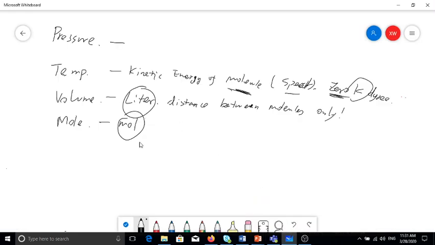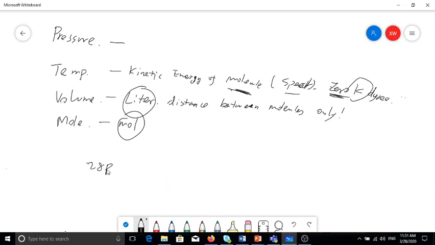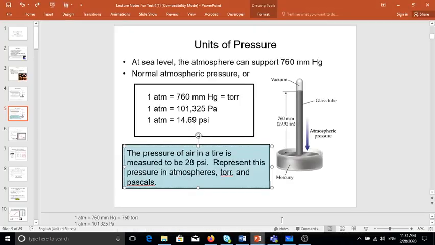Let's say we have 28 psi and I want to convert this into ATM, so I put psi down here and ATM on top. The number here is 14.69. By the way, all these numbers are conversion factors, which means they are all exact numbers.